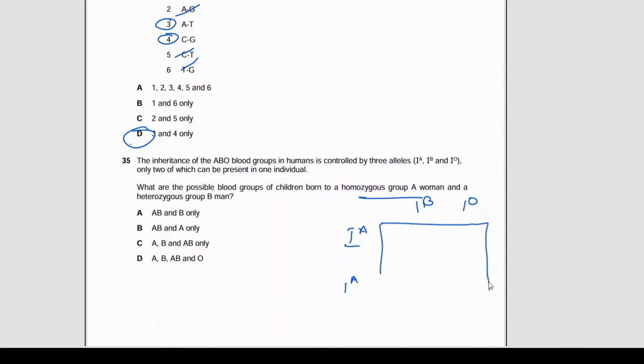So what are the possibilities? IA and IB, IA and IB, IA and IO, IA and IO. So it would be AB and A. So it's B.